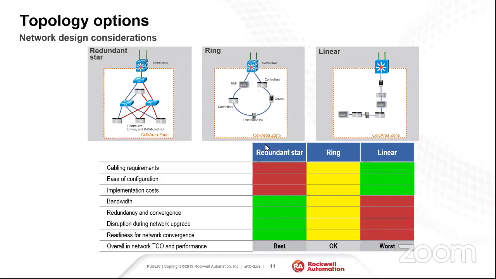But as you'll see on the graph on the bottom, the more expensive end tends to have fewer intermittent issues, and you have a more redundant system. As you move toward the right, it is a little easier to implement, but your redundancy and resiliency on your network go down as a correlation.